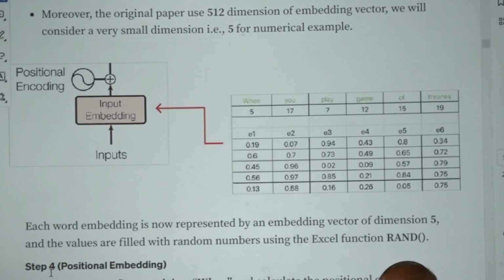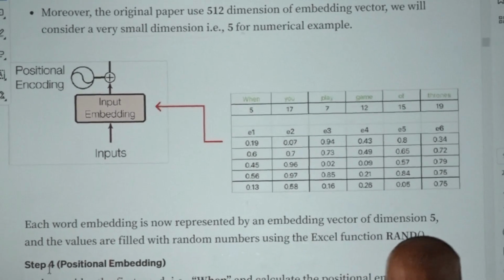Now, every word in a sentence has a position in that sentence, starting with position 0. Somehow, the word has to be given a positional encoding also. It is not just what the vector for "when" is, but what its position is in the sentence also has to be encoded in the vector.